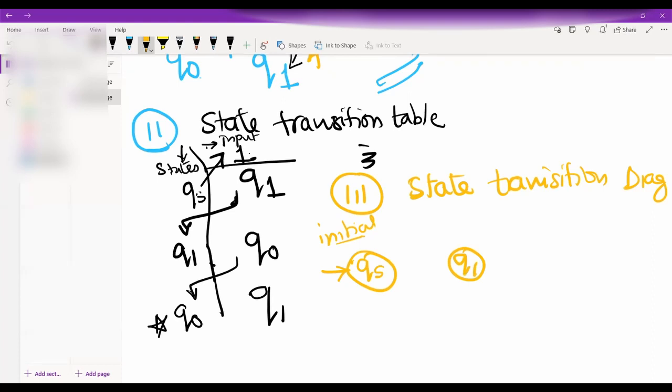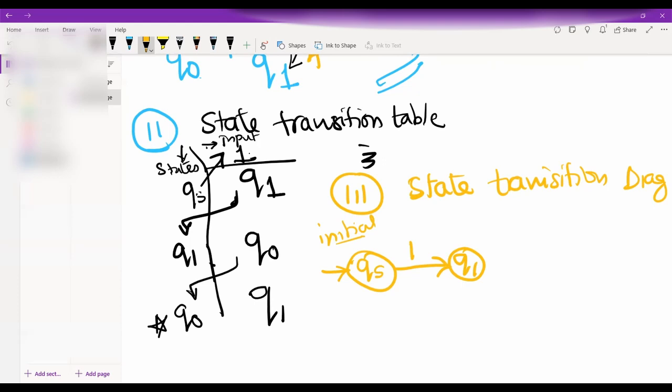So QS on 1 goes to Q1. We have to draw the arrow in such a way that both ends touch the circles.